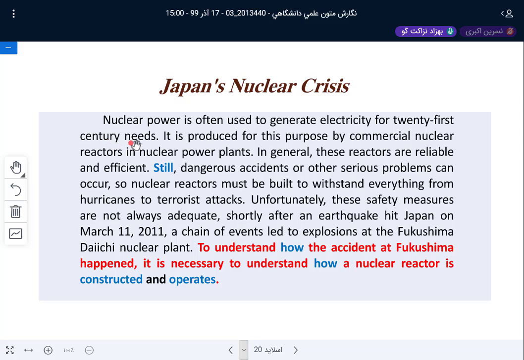The introduction paragraph actually starts with the attention grabber. It starts with a general statement, which is somehow interesting. Nuclear power. We are going to talk about nuclear power, Japan's nuclear crisis. So nuclear power is often used to generate electricity for 21st century needs.